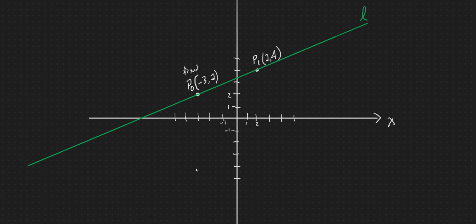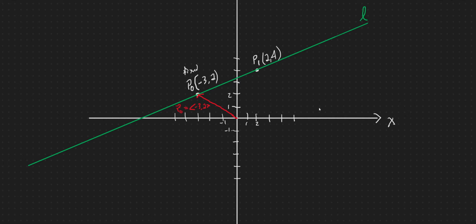And what I can do here is form the position vector for P naught. This is going to be the vector -3, 2. I'm going to call this R naught. This position vector points to my fixed point on the line.